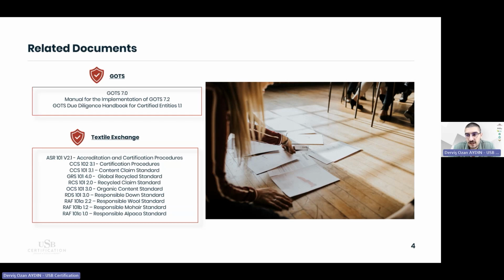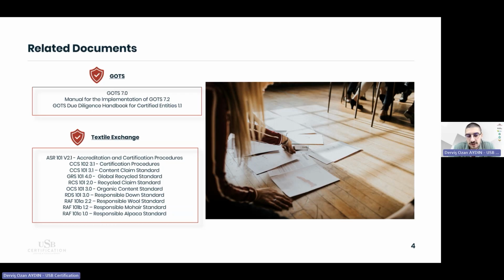Before moving into definitions, you can also check the GOTS and Textile Exchange documents to better understand the requirements, claims, and mentioned procedures. For GOTS in general, there are 3 documents: GOTS version 7, the manual for the implementation of GOTS, and the due diligence handbook for certified entities.